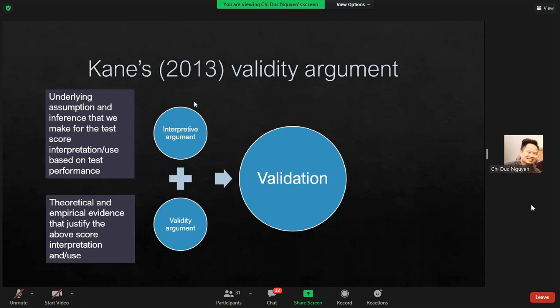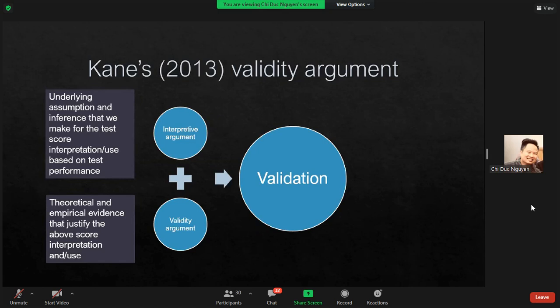The first one is the interpretive argument, and the second one is the validity argument. In very simple terms, relating to the interpretive argument, we need to spell out all the underlying assumptions and inferences that we need to make for the test score interpretation and use based on the test performance.